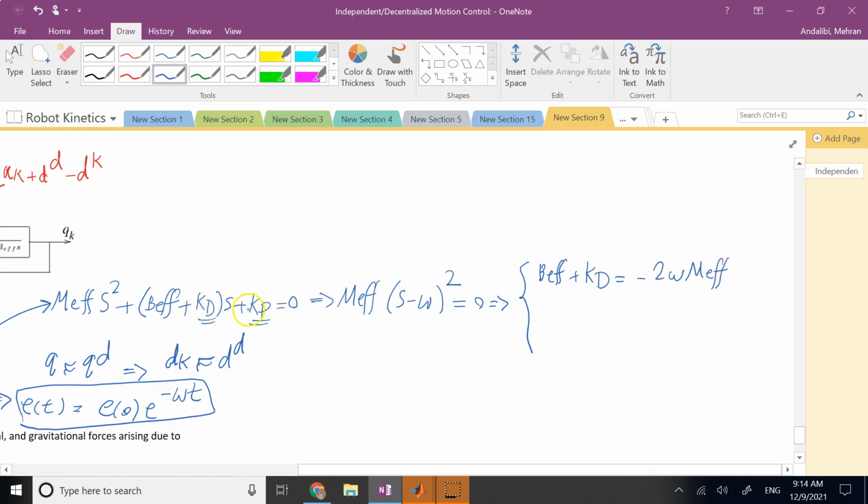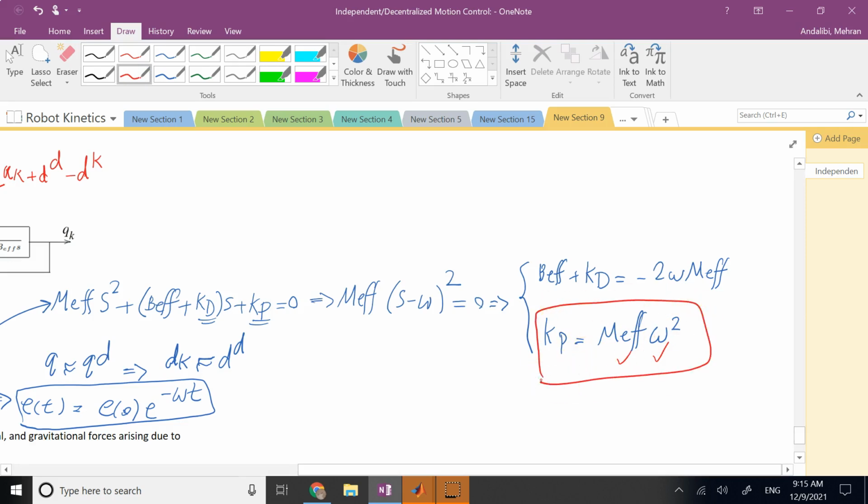And the constant term here is kp. The constant term here is m effective times omega squared. Correct? So clearly, if I have my m effective and my omega, I chose my omega, this formula gives me kp.